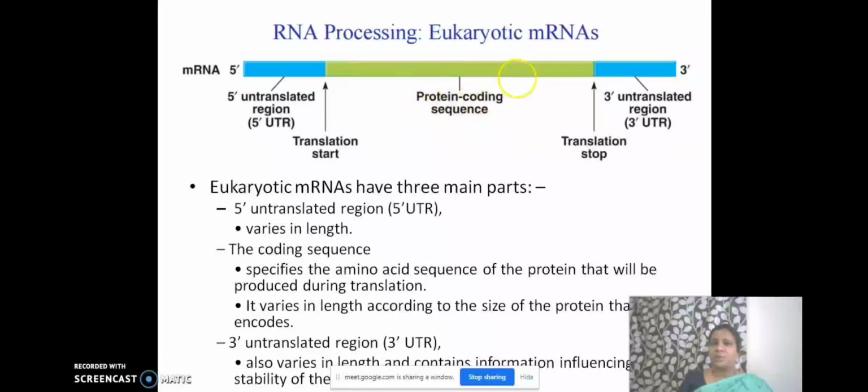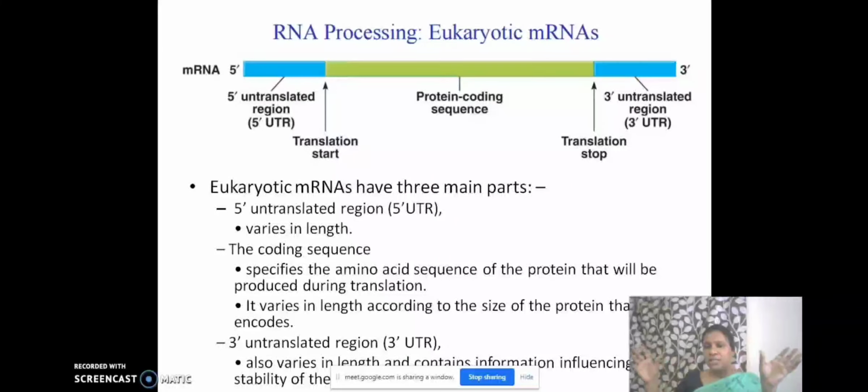Such a region is called the protein coding sequence. So how do we differentiate the protein coding sequence and other regions? You have an mRNA. Within that mRNA, you have a translation start site and a translation stop site. Translation start, translation stop. Where it is, where it starts, where it ends. Only that region of mRNA is going to produce protein.